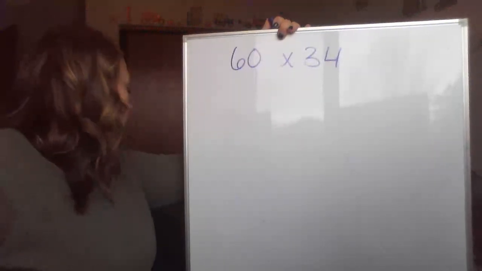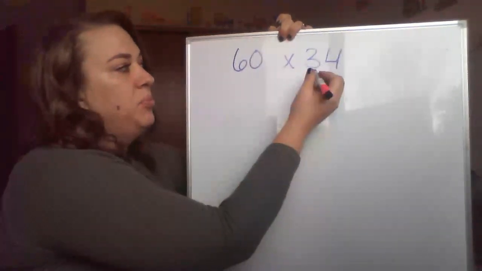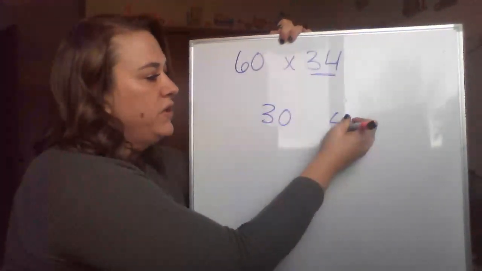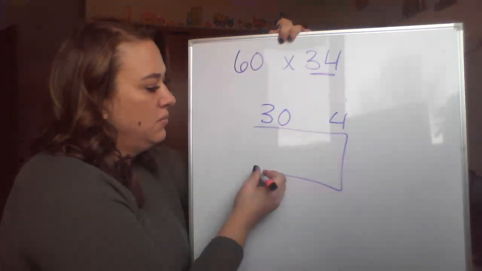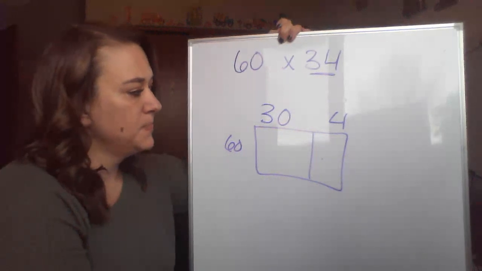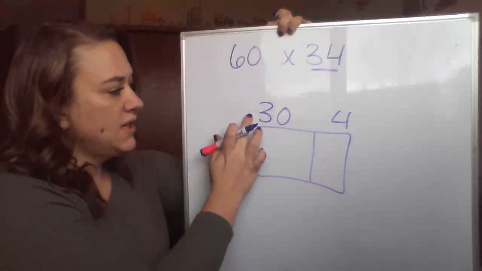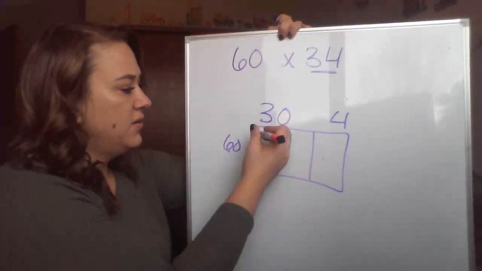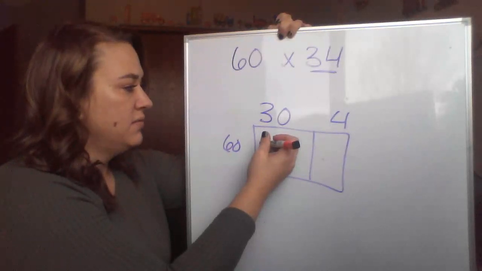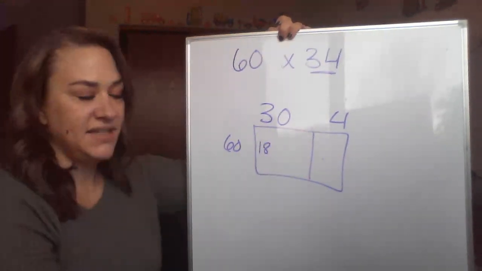All right, so we're going to solve 60 times 34. Okay, I'm going to partition this one off because I'm going to have 30 and 4 multiplied by 60. Okay, so I need to find my area, length times width. 6 times 3, I know is, oh my gosh, I just had 6 times 3, 18, goodness sakes.